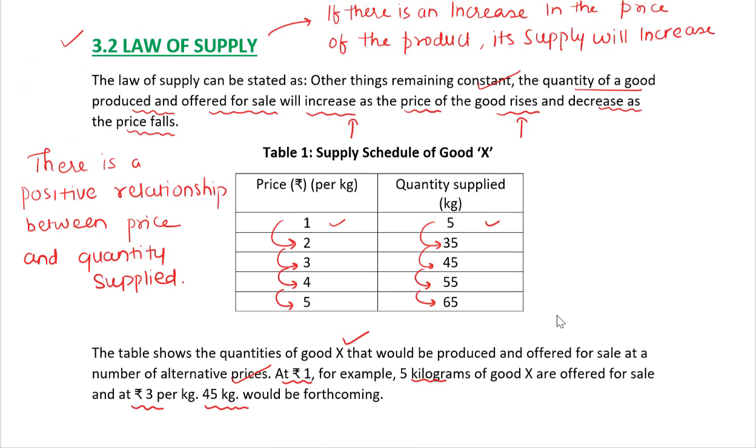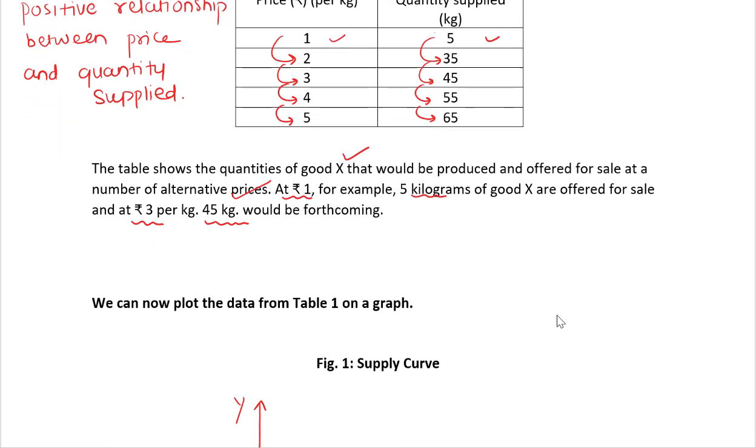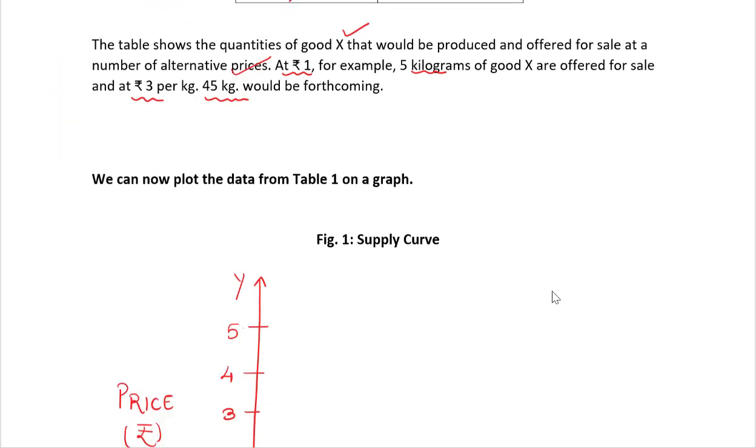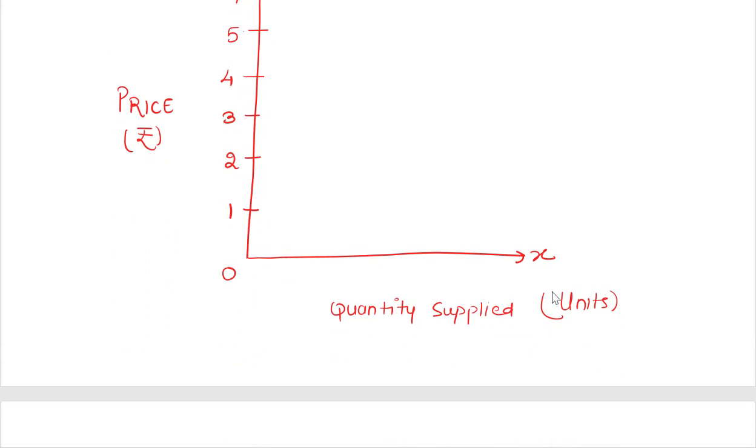You can plot the quantity as 10, 20, 30, 40, 50, 60, 70. At 1 rupee it is 5 units.